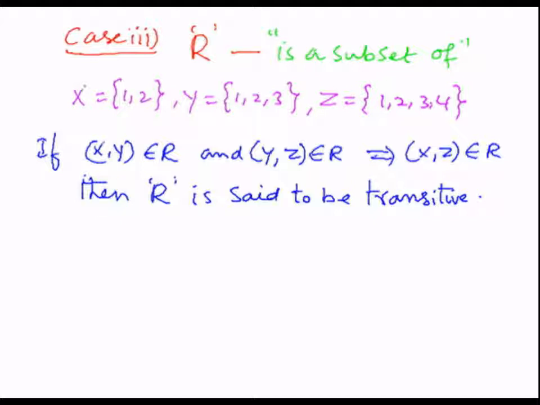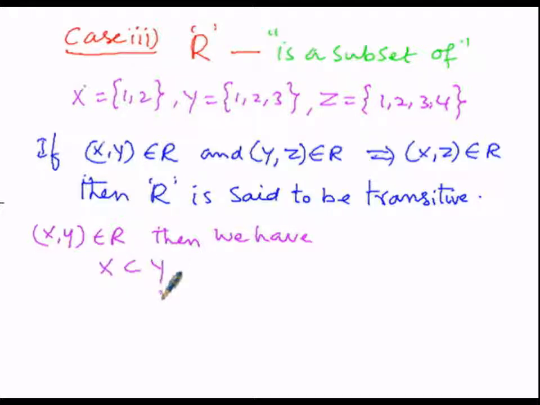Then in the first case, x comma y belongs to R. So here that implies the relation is of subset, so x must be a subset of y.